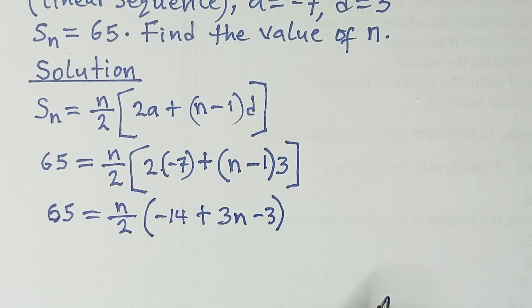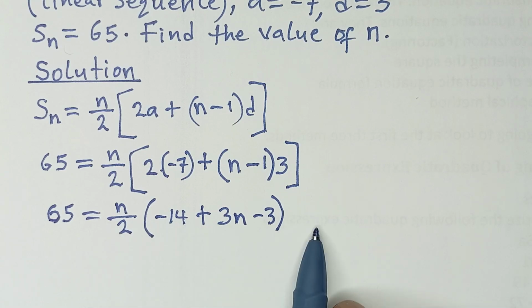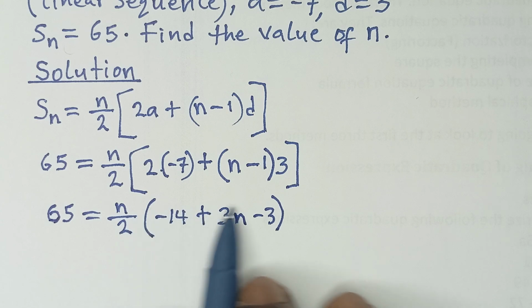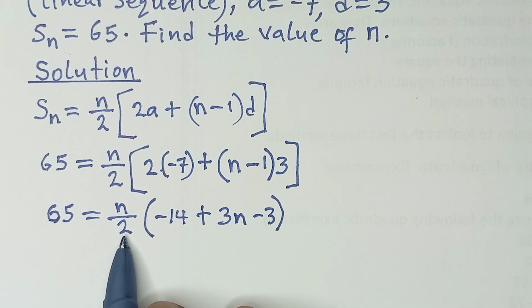I can simply cross multiply now, because don't forget this 2 as the denominator here is applicable to everything. So this is like n multiplied by this that we have there, then everything all over 2. That is what this 2 here also represents.